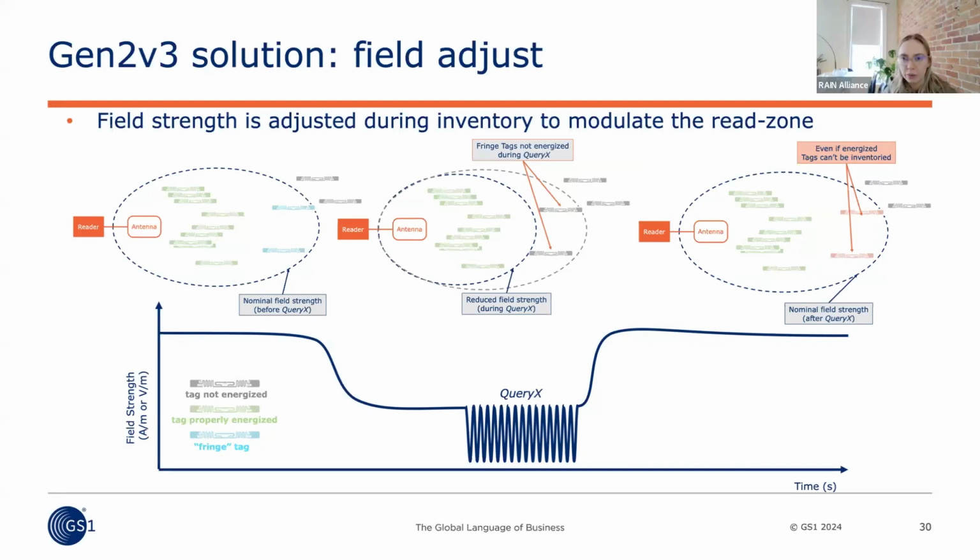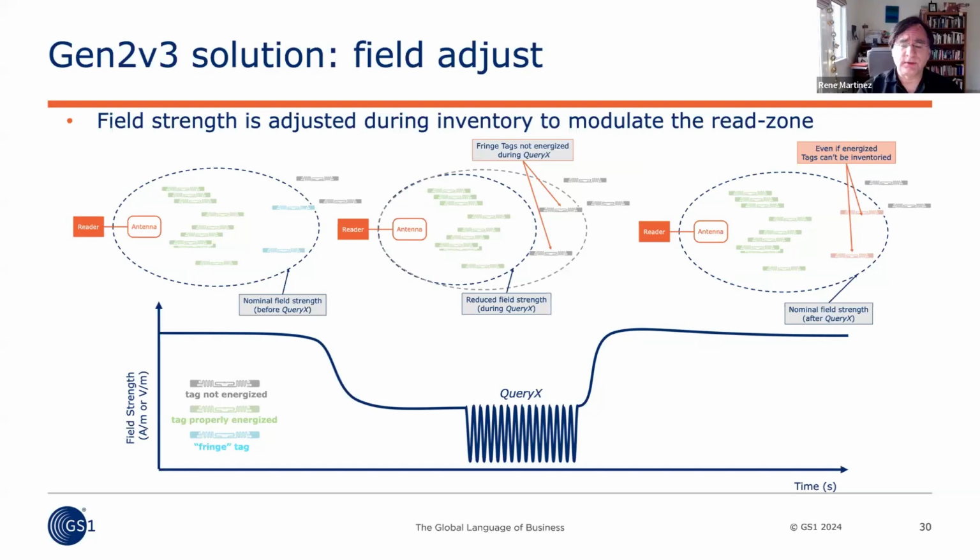We got one last question. Would we be able to use existing readers via firmware update for Gen2v3 tags, or do we need to deploy new infrastructure to be able to benefit from the new protocol? I think, Tom, you can easily answer this question. Yeah, that's a firmware update.